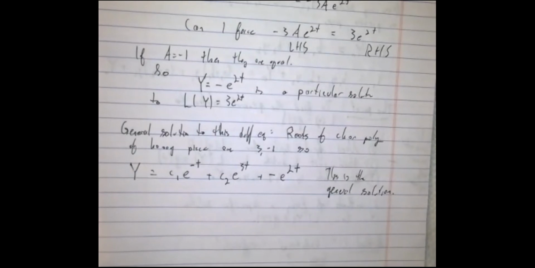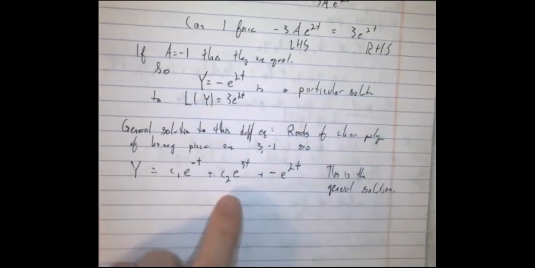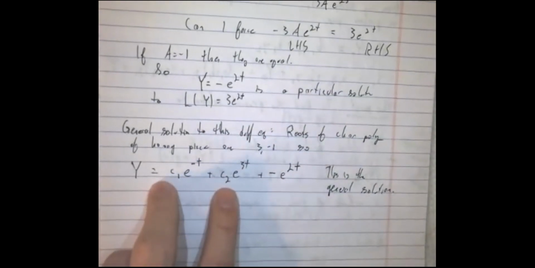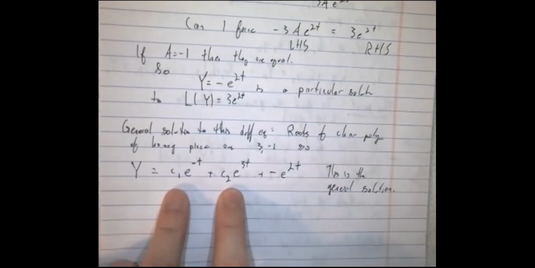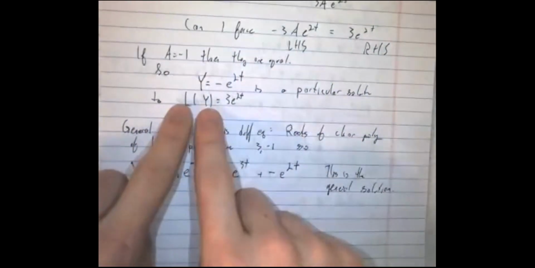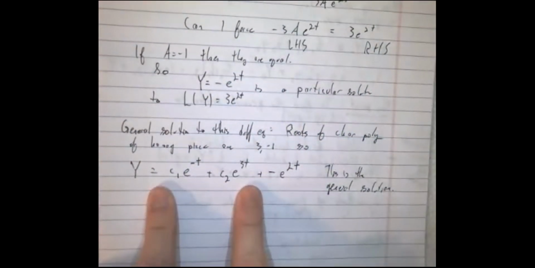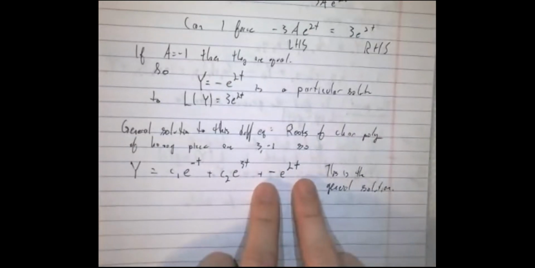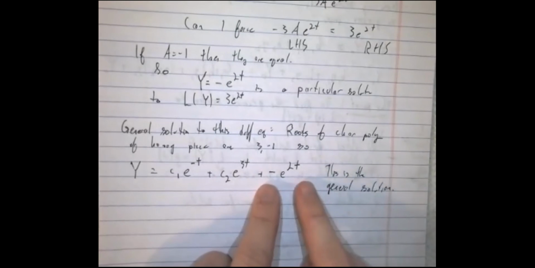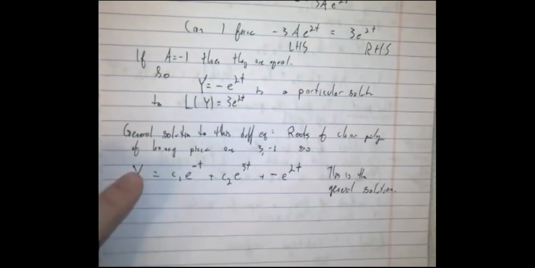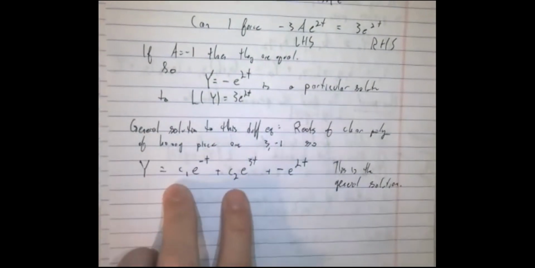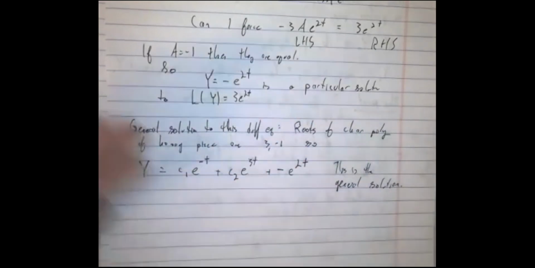And this makes sense, because for any constants I plug in here, the differential operator applied to this chunk will be 0, and applied to this chunk will be g of t. Then the only thing you have to do is achieve different initial conditions. You can achieve any initial condition, the value of y at t0 and the value of the derivative at t0, just by playing around with these two coefficients. So it makes sense that this is a general solution.